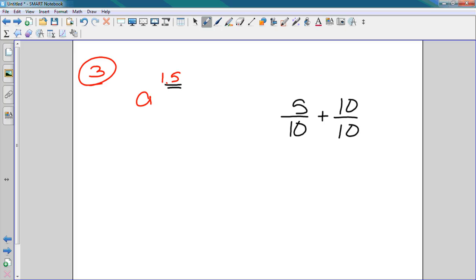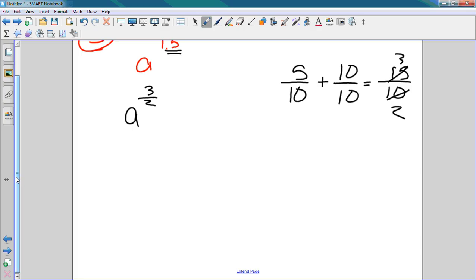Once you have a common denominator, add your numerators. You're going to get 15 over 10, which reduces to 3 over 2. So then rewrite a to the 1.5 as a to the 3 over 2. Some of you know what it would be, but that's how you would do it if you didn't.